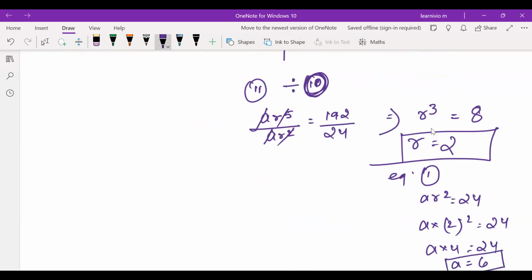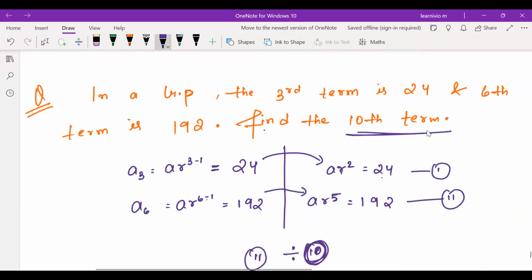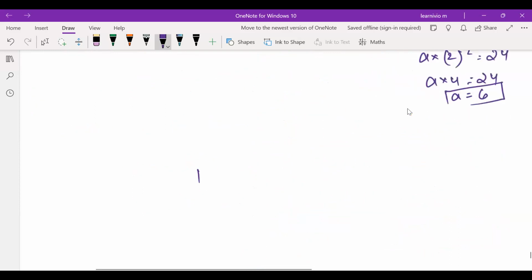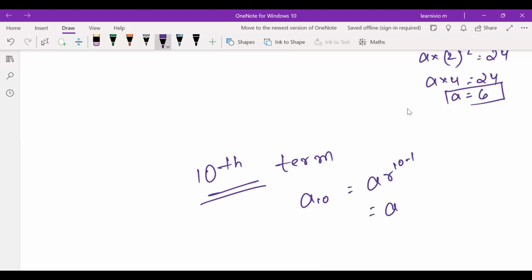We got A, we got r. Now we are supposed to find the 10th term. So the 10th term, A10, will be A r to the power n minus 1, that means 10 minus 1, A r to the power 9. A we know, r we know.